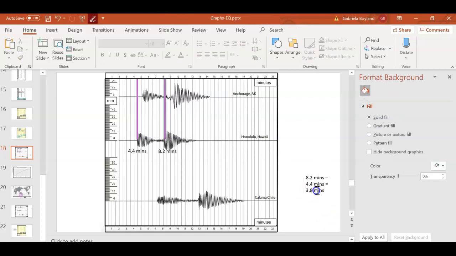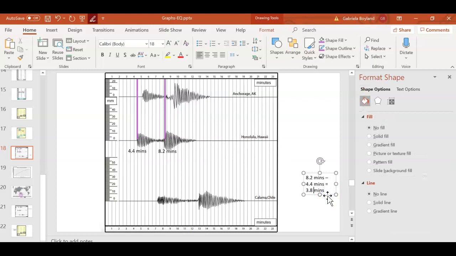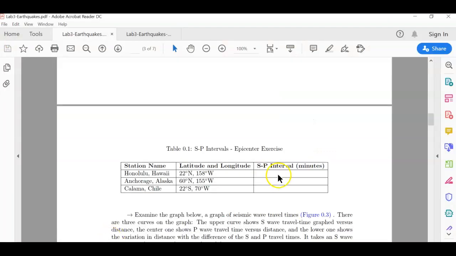So that will be the SP wave arrival difference for the Hawaii location. Cool, so 3.8 minutes. That's what you're going to record on your table right here. And you do the same thing for Anchorage and for Calama, Chile. You do the same process.